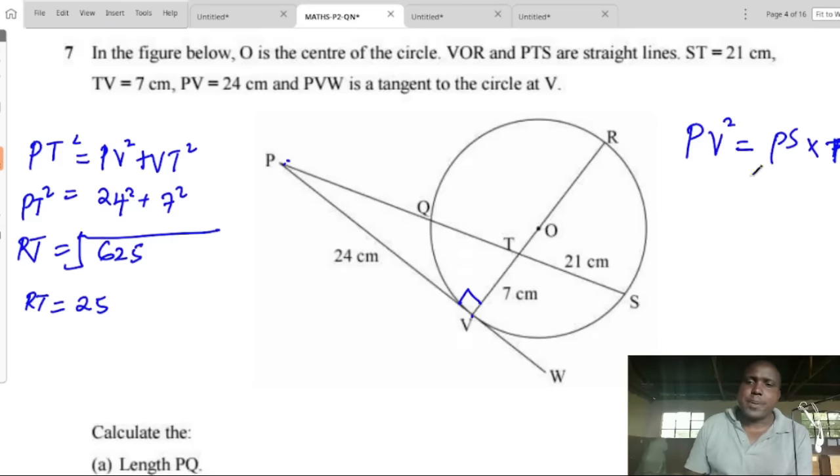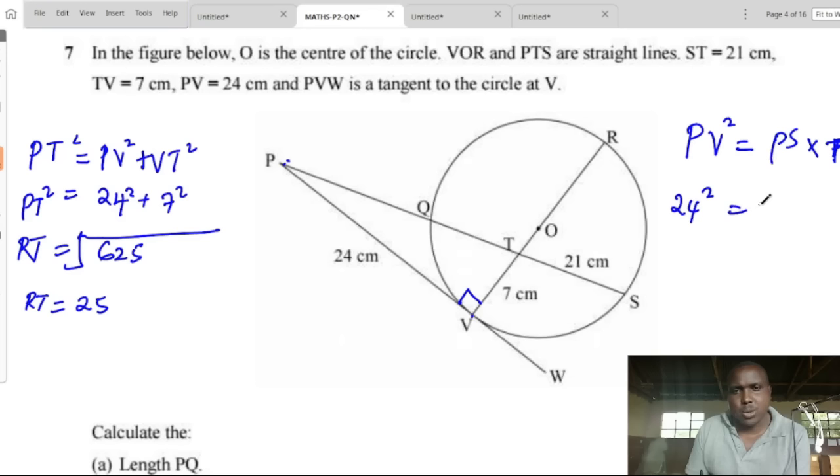Now how do we get PS? From here up to here we can add this one. That's why. Now this is 24 squared is equal to PS.